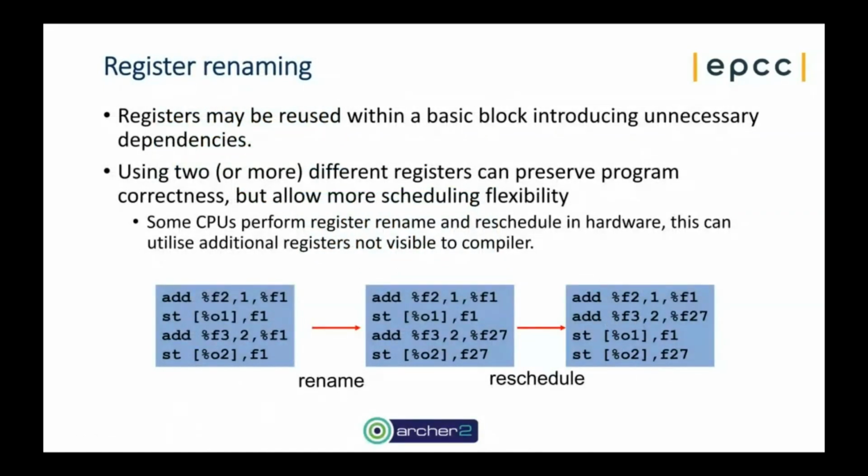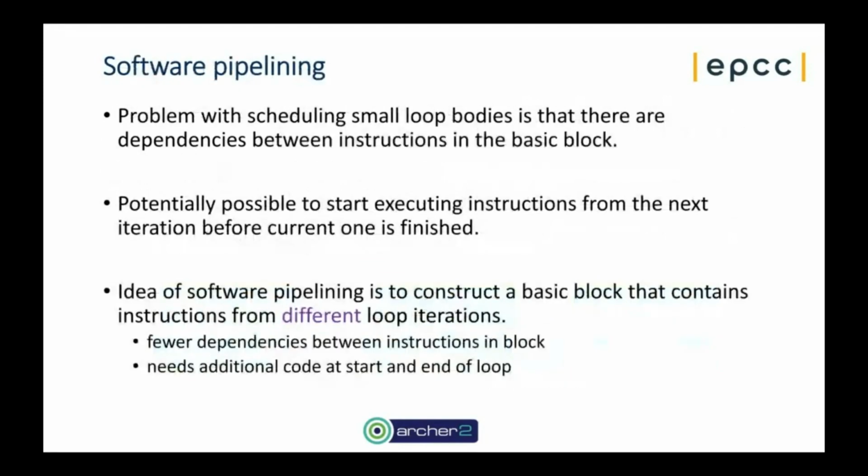The compiler will also do things like register renaming, so that it can reuse data and hold data back, so that it can be used for other parts of the application, and software pipelining, so that it can make sure that dependencies between instructions are scheduled outside their workflows, so that they don't stall each other.